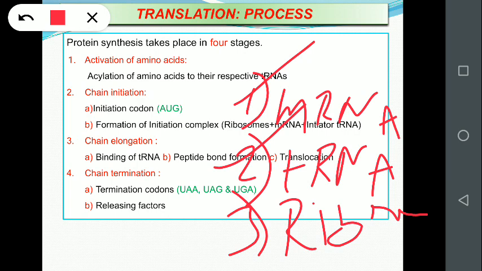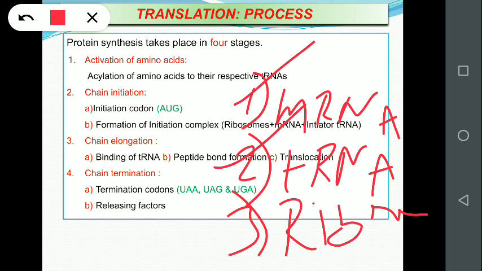The ribosome moves along the mRNA and reads each and every codon, and during that process tRNAs specify amino acids based on the codons. So we will get a polypeptide chain. That is the property of ribosomes.